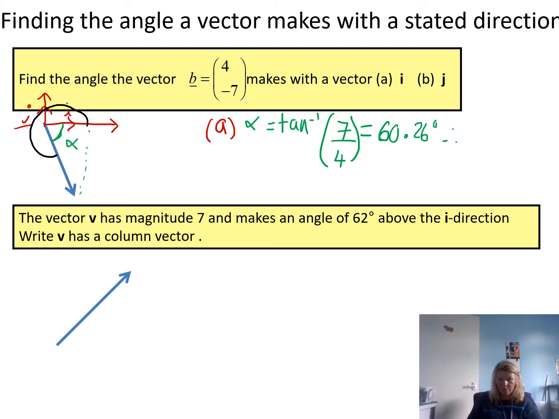Therefore, let's call it theta. Theta equals 360 minus alpha, which is, looking at my notes, 299.74 degrees.